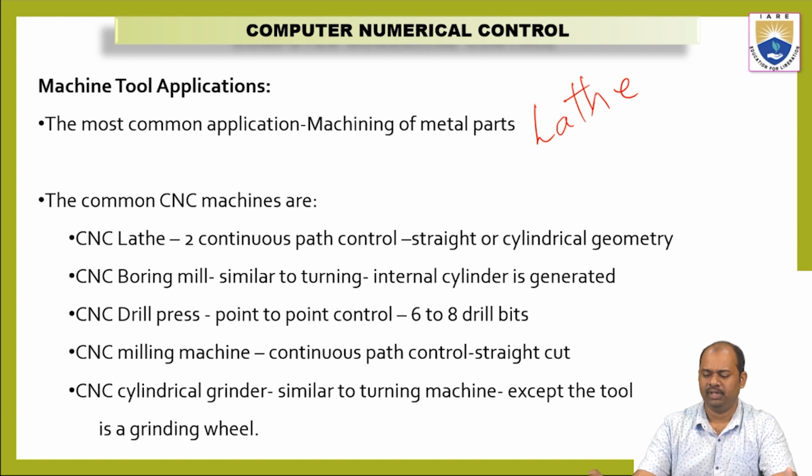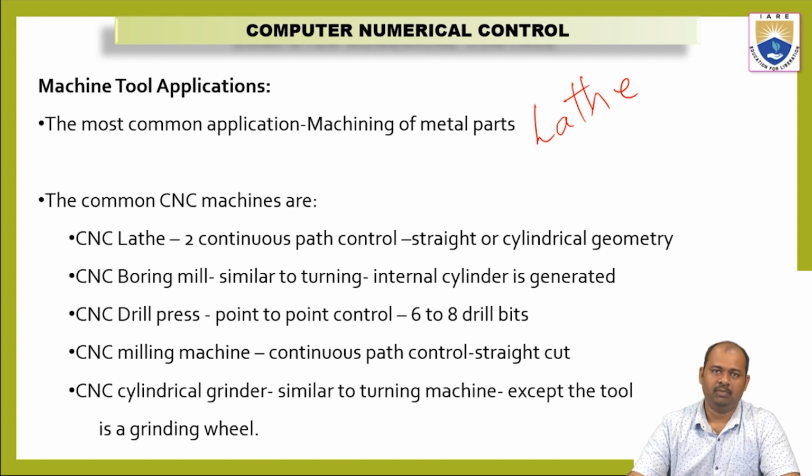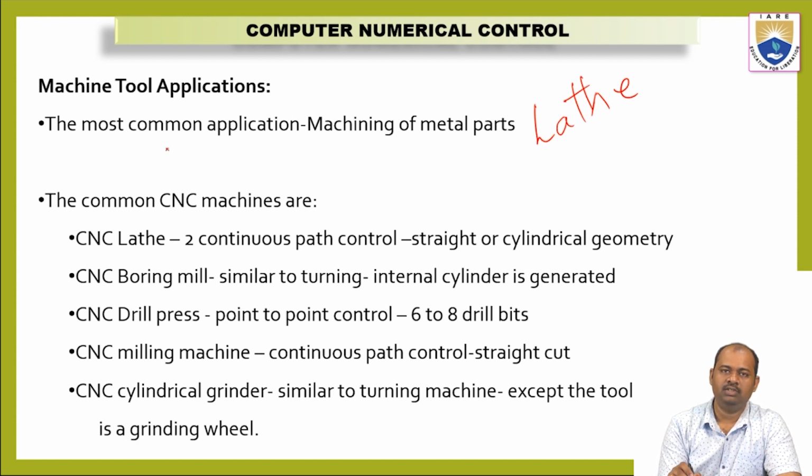These operations can be done manually by a human being, but now we are replacing that with a computer numerical control system. Most applications are found in machining of metal parts, rather than controlling the inventory, or packing, unloading and loading of objects into trucks. These are very few applications. Mostly CNC machines are found in machining of metal parts.